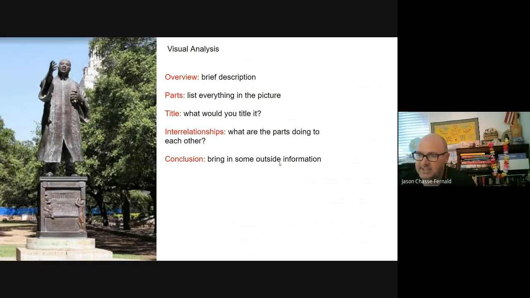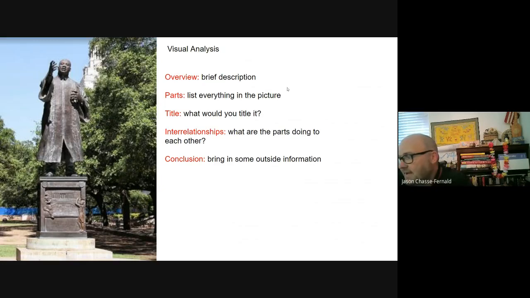And then conclusion: now that you've looked at it, can you come up with a fact about what you're looking at that is not in that image? Right? Can you bring in outside information? So if you're doing this at home, please pause and just brainstorm this and think about it, and then come back when you're done.